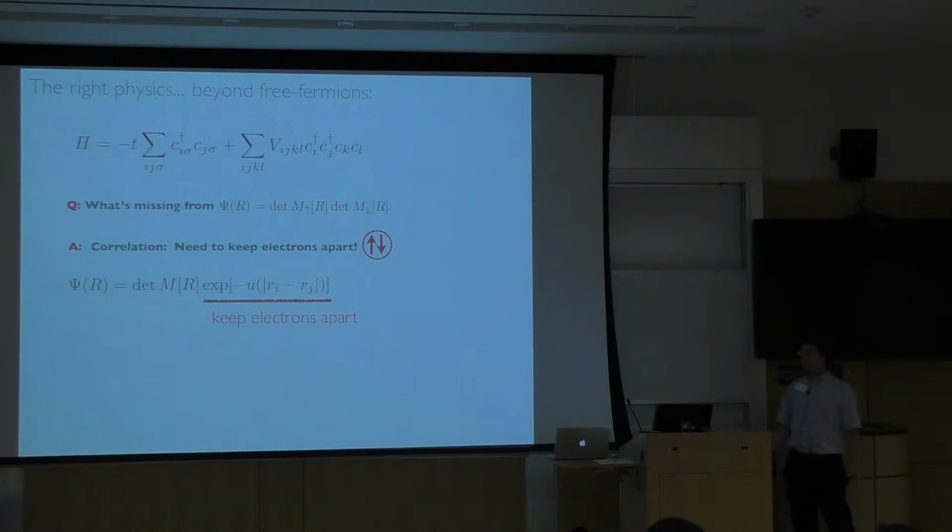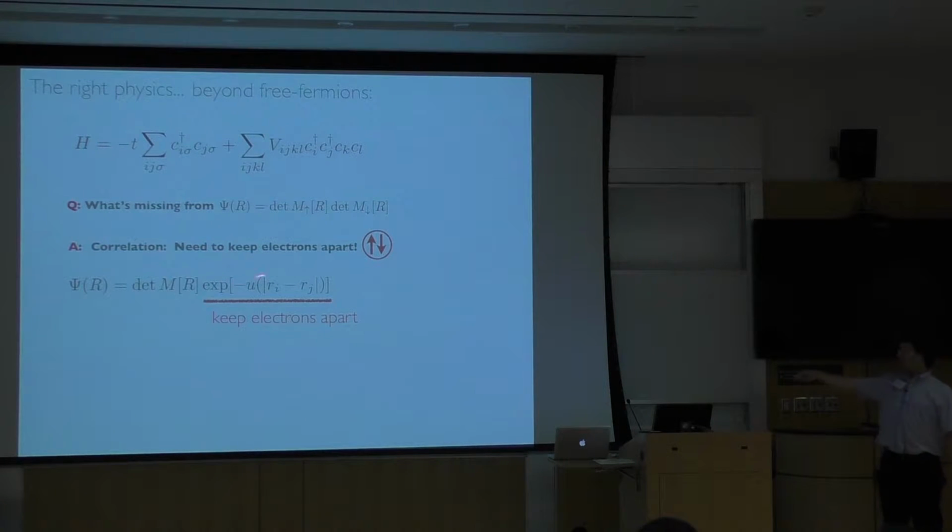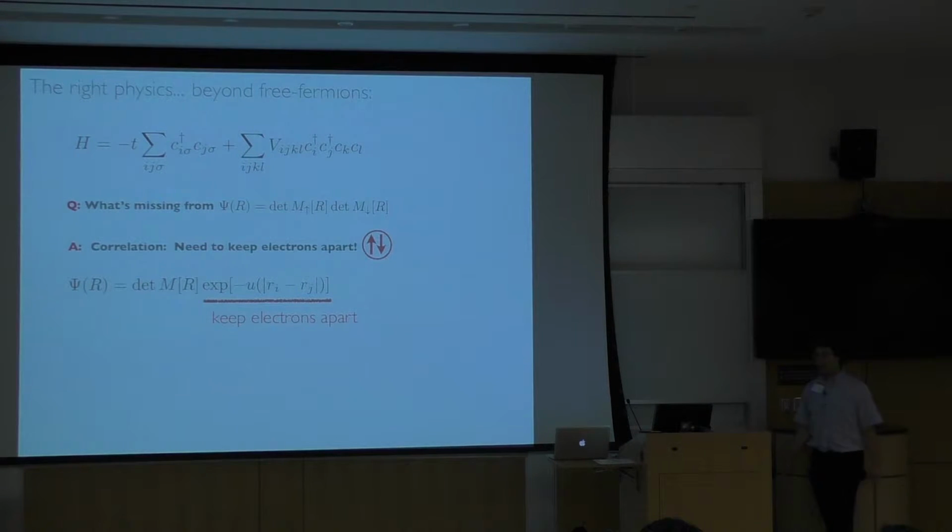And so what we should do if we want to clean up this wave function, if we want to make it better, is dial in some piece of the wave function that keeps the up spins and down spins apart. That is typically called a Jastrow factor. It's typically written like e to the minus u of, say, Ri and Rj. And typically we would choose that, for example, if we have a repulsive interaction, like one does for electrons, to keep the electrons apart.